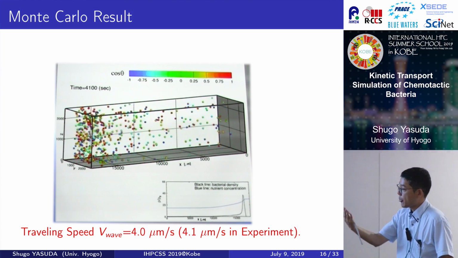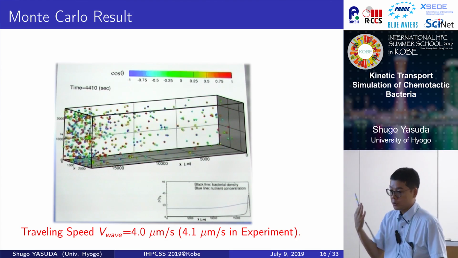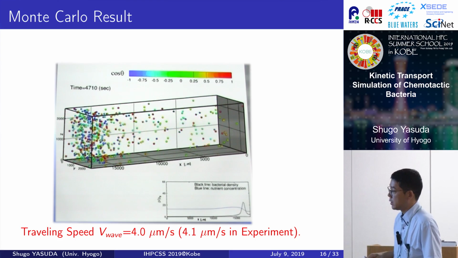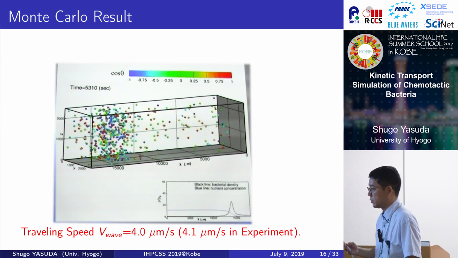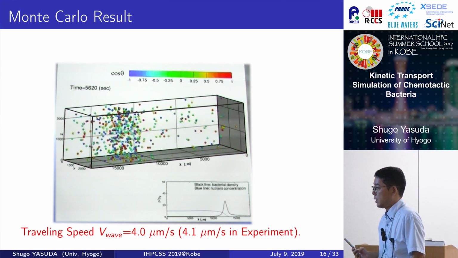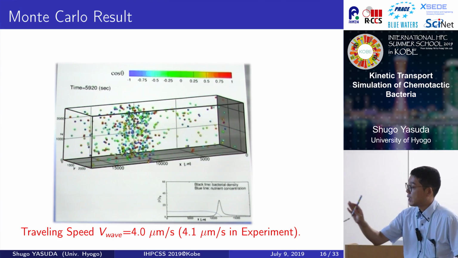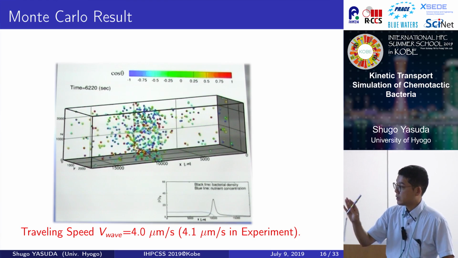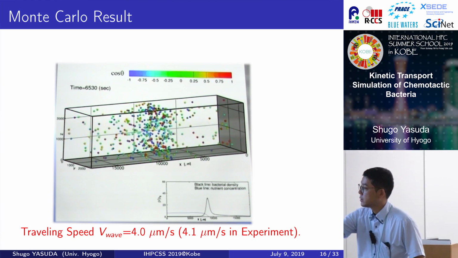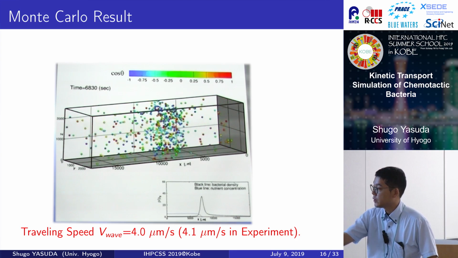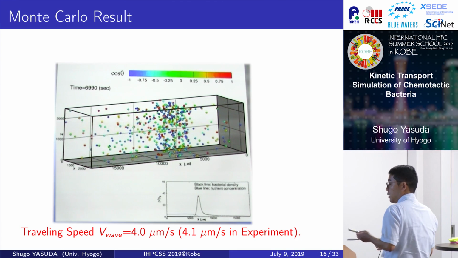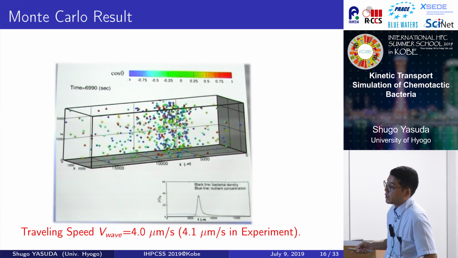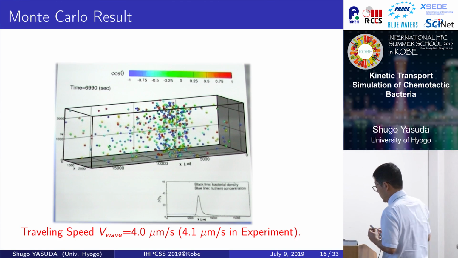After the bacteria moved, population density decreases, and nutrient density decreases because it is consumed by the bacteria. And when the bacteria arrived at the opposite side, this pulse was reflected and reformed the pulse profile.